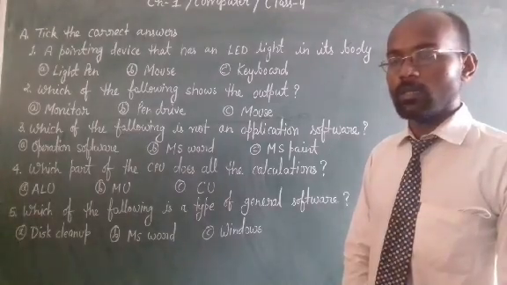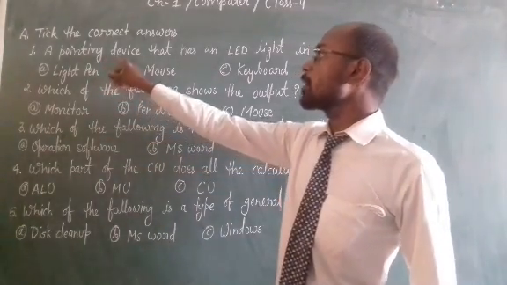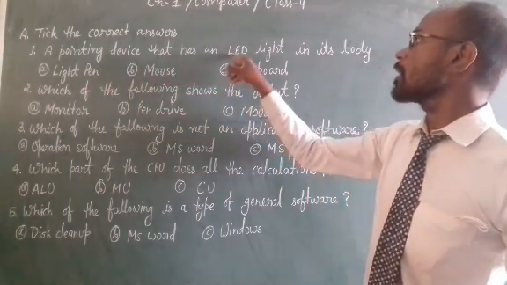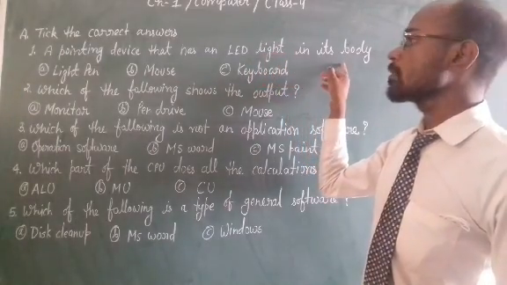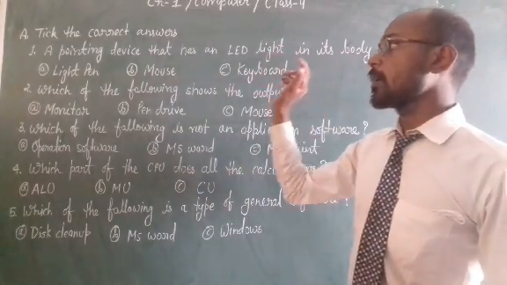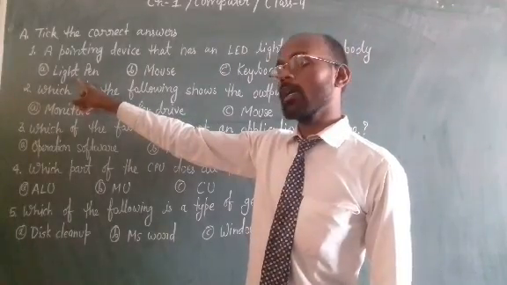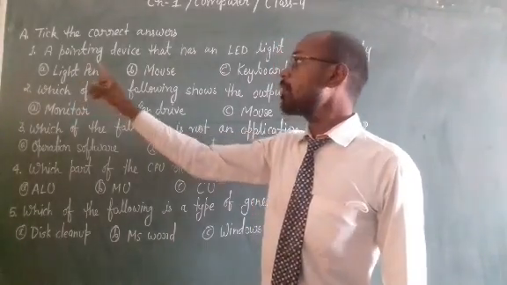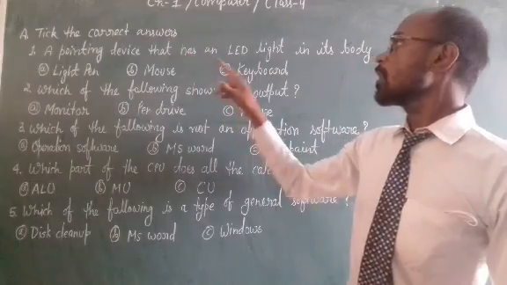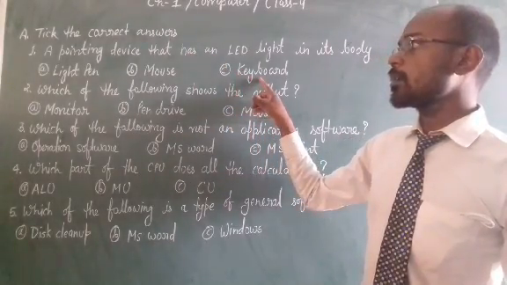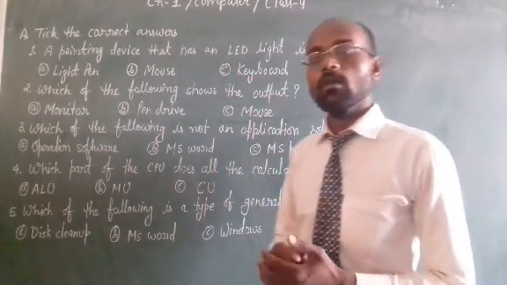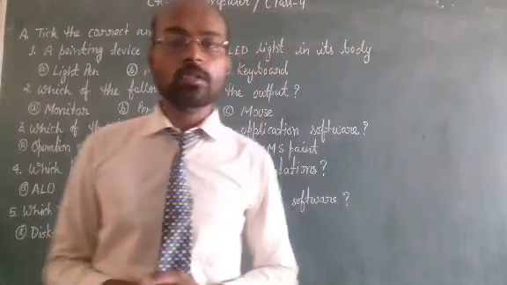Question number first is the pointing device that has an LED light in its body. There are 3 options in this question. Option number A is light pen, option number B is mouse, and option number C is keyboard. Okay, once again listen to the question.